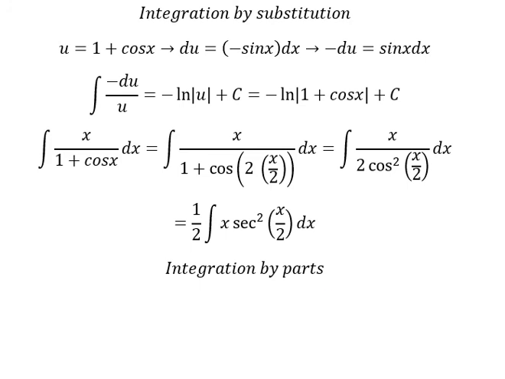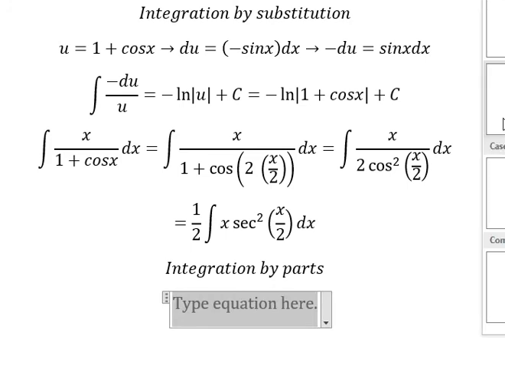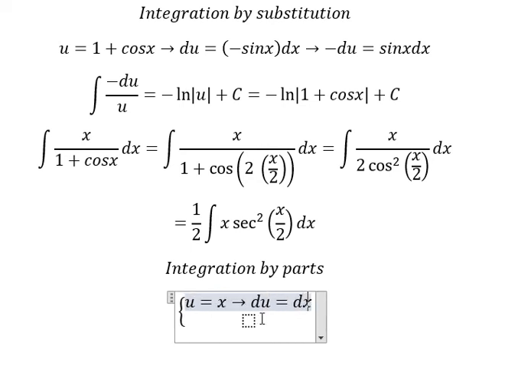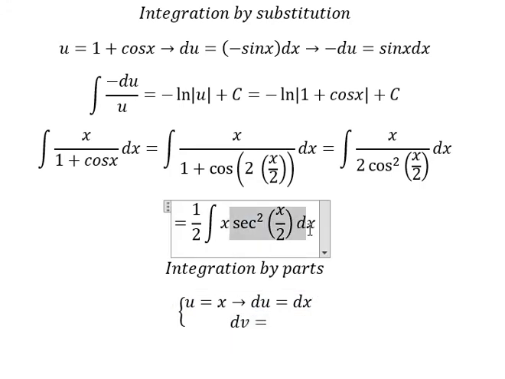So I need to put u equals x. Later we take the first derivative of both sides, and you get du equals dx. dv we have this one in here.